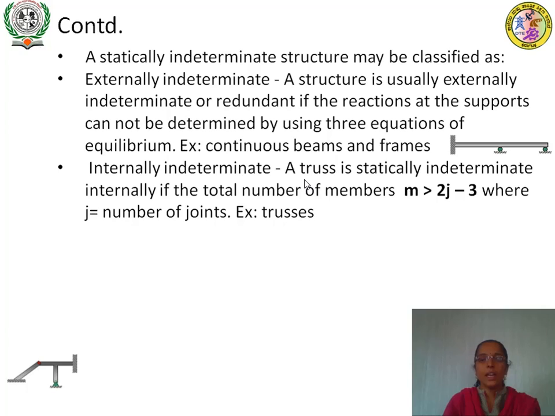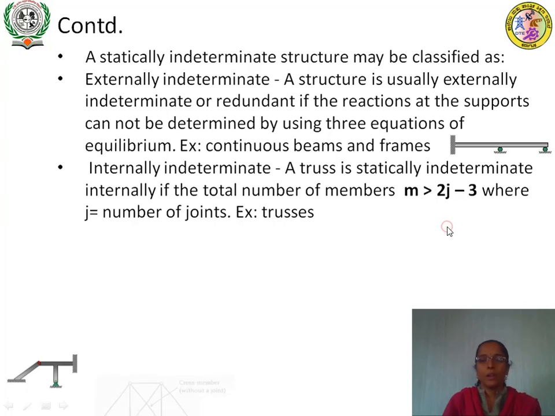An internally indeterminate structure, the example is a truss only. A truss is statically indeterminate internally if the total number of members, where m is the number of members, is greater than 2j minus 3, where j is the number of joints. This 3 is nothing but the number of equations.